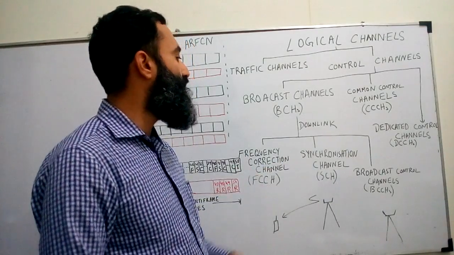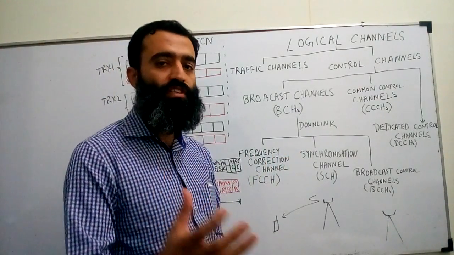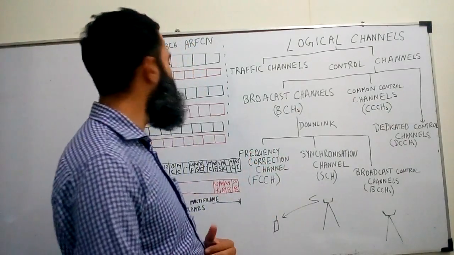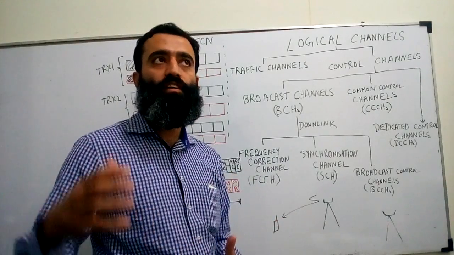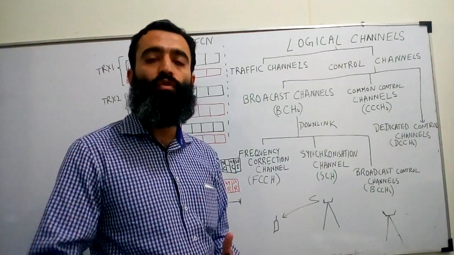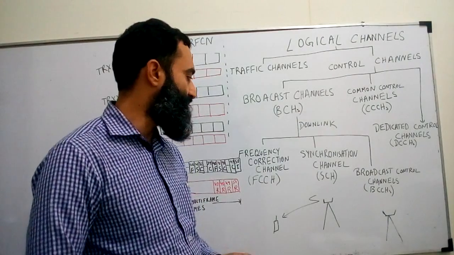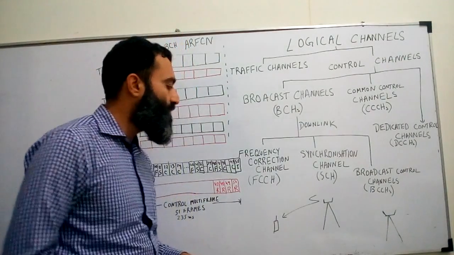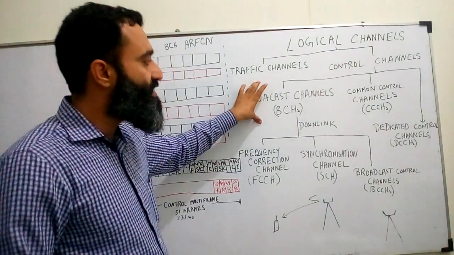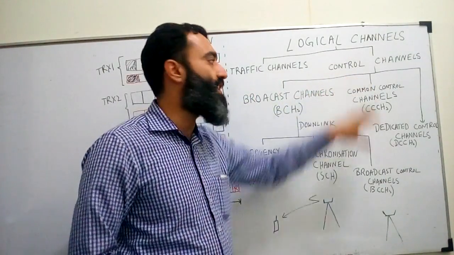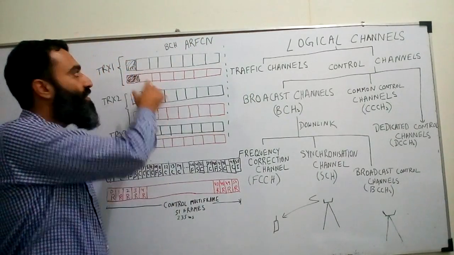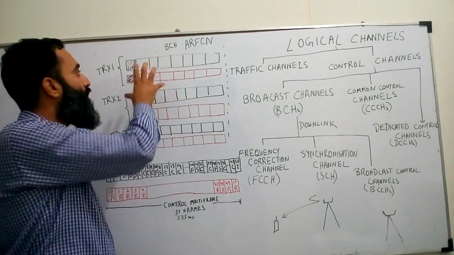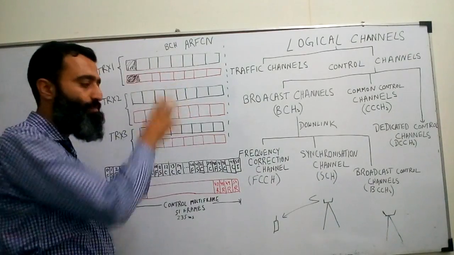Now, how are these control channels mapped on our frame structure, or on the frequencies that have been allocated to a BTS? The broadcast channels and the common control channels are normally mapped on the first time slot of the first TRX of a base station.